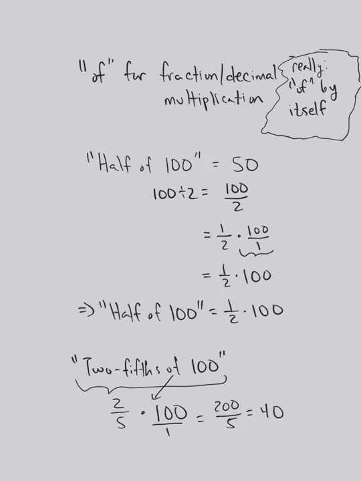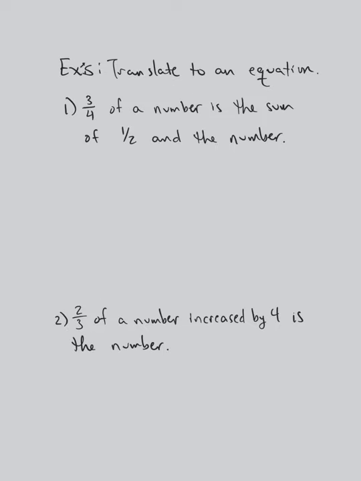All right, we'll do a couple of quick examples of translating some sentences with "of", but then that'll be it. Now on that last slide, if you saw that little balloon come up about really "of" by itself, I actually inserted that after because I realized when I wrote this first example that the word "of" shows up somewhere else. So remember in those earlier examples we talked about the sum of or the difference of or the product of.